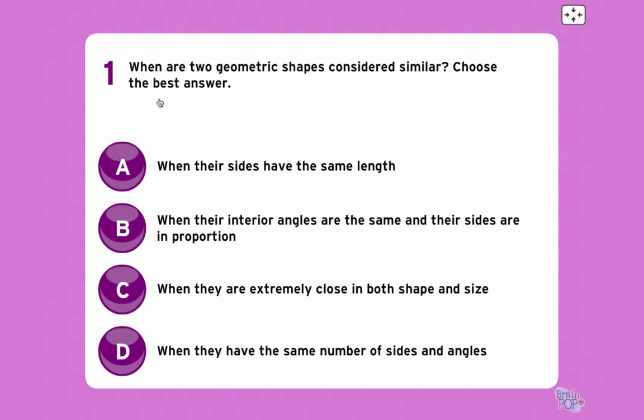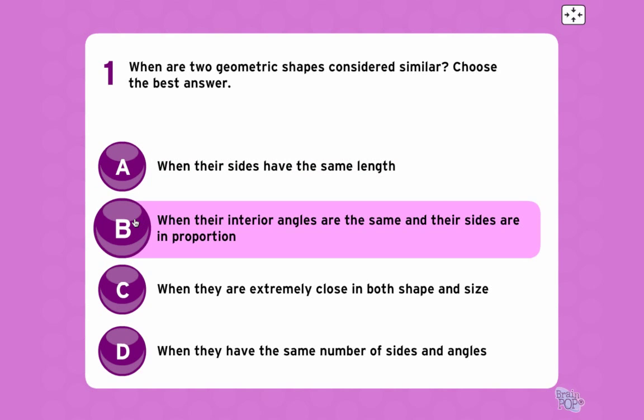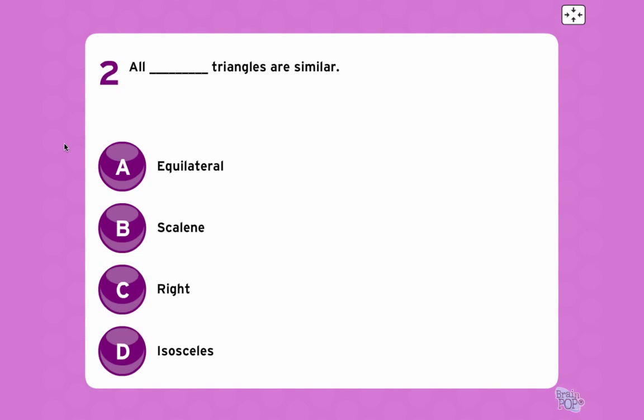When are two geometric shapes considered similar? Let's go ahead and read through your choices. Very nice. Everybody in the chat has told me B. All blank triangles are similar.